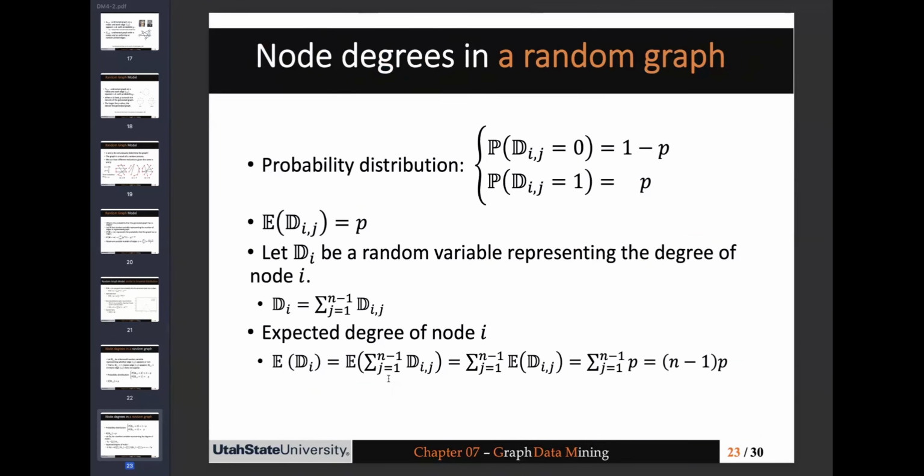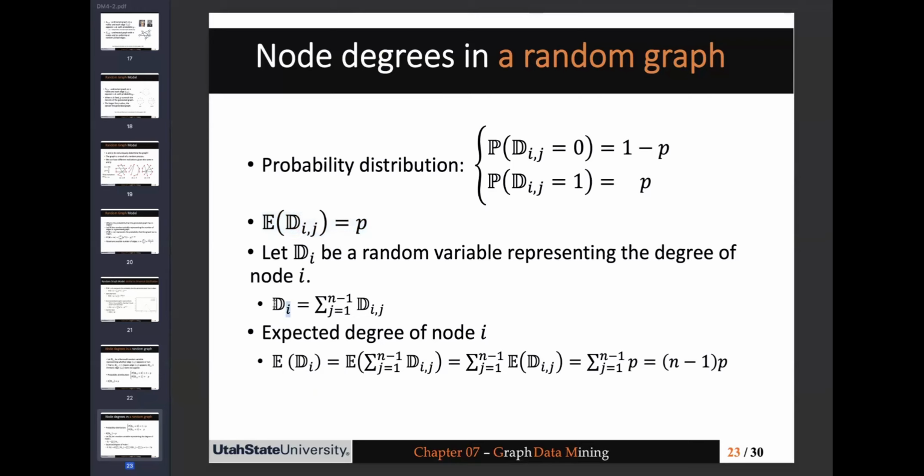The degree of a node is the number of edges connecting to that node. We already know that from data structures. Mathematically, the degree of a node can be expressed as the sum of all the possible edges connecting that node to the others. Now that we computed the expected value of dij, which is equal to p, we could compute the degree of any node i in the graph.